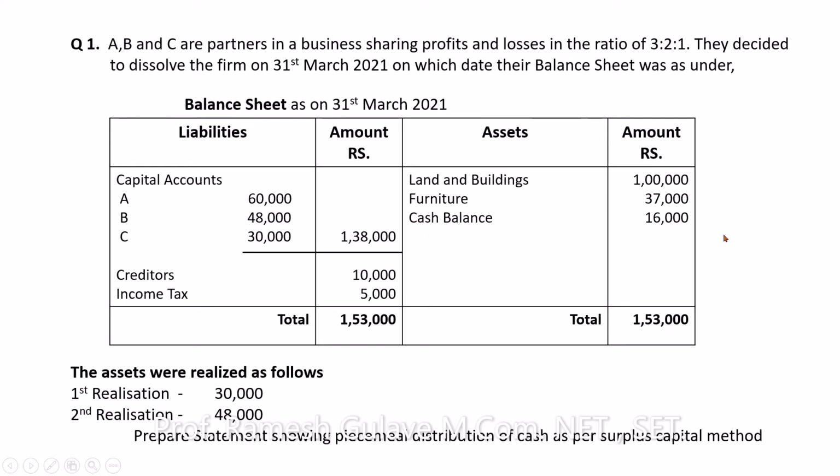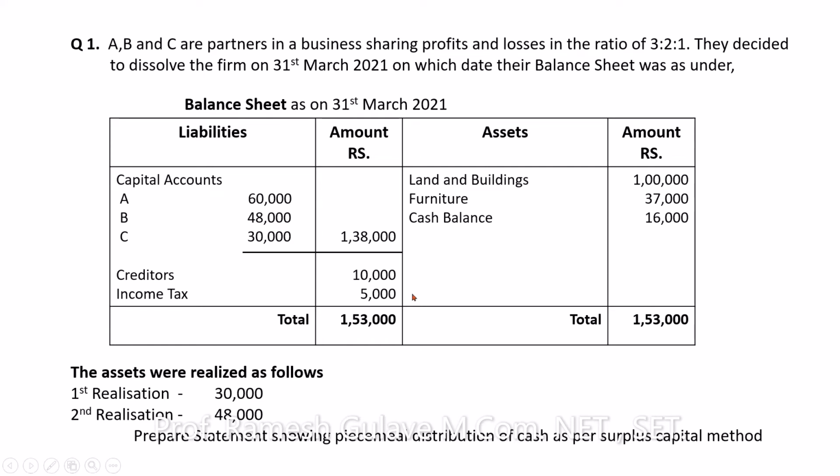In the balance sheet, we can see there is a cash balance of 16,000. As we discussed, while making payment to liabilities, we have to follow a certain order which is given in the Partnership Act 1932. As per the Partnership Act 1932, we have to provide for the realization expenses. But here in the question, there is no mention of realization expenses or dissolution expenses.